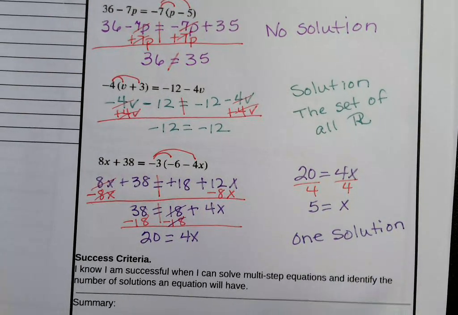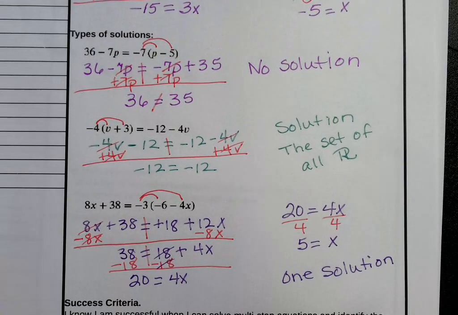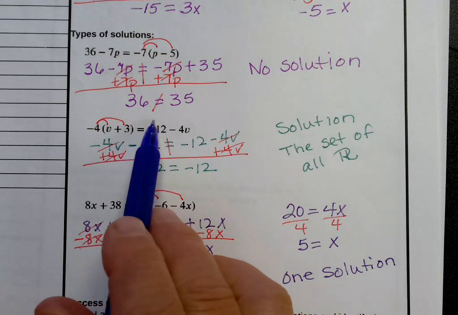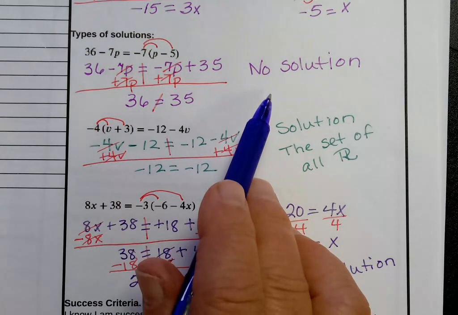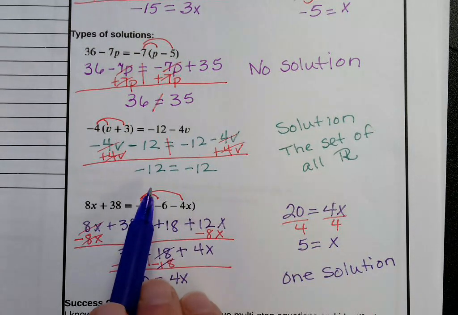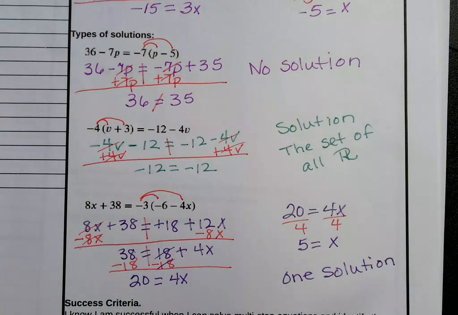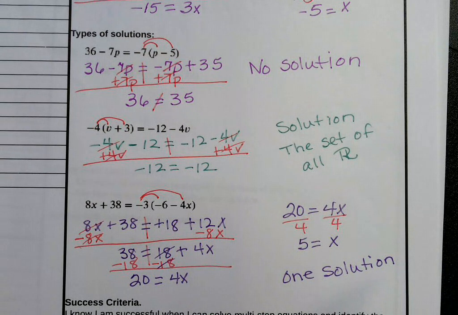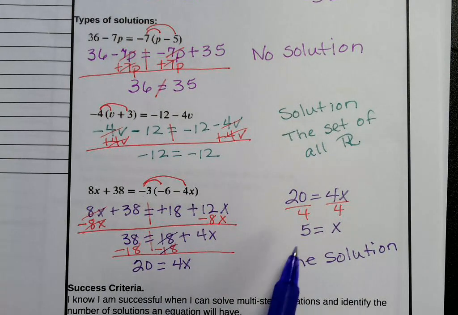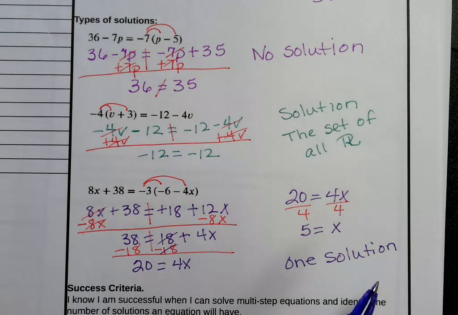So as you're looking at these, first, if it can never ever happen, then we know there's no solution to the set. If it will always happen, that means the whole set of real numbers will fit in there. Any number you put in will make it correct. If you end up with x is equal to something, you only have one solution.